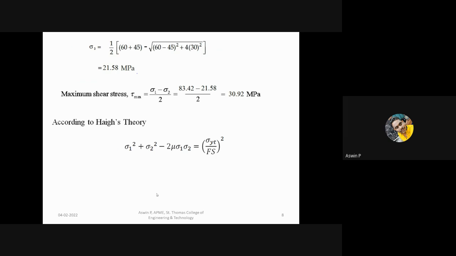So you can write according to Haigh's theory. Just start from here. According to Haigh's theory, substitute the final value of factor of safety. I am not going to show you. You have to calculate by your calculator and tell me the answer.